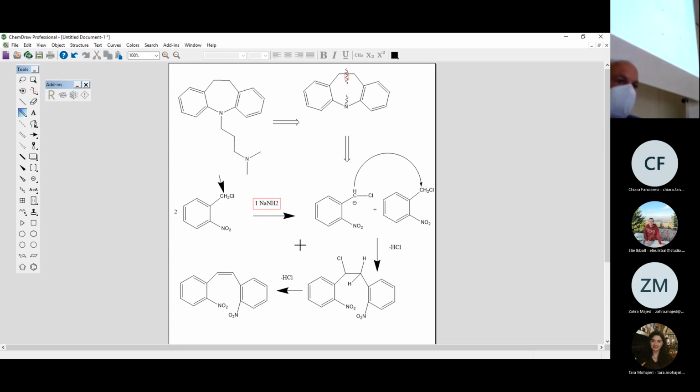So we start from 2 moles of this halogenated compound. On 1 mole we have the formation of the nucleophilic species. This species is able to attack the other mole of the starting reagent. We have the formation of the first carbon-carbon bond, and then we are in a very strong base environment, and we can have the loss of another molecule of hydrochloric acid to give a double bond in this position.